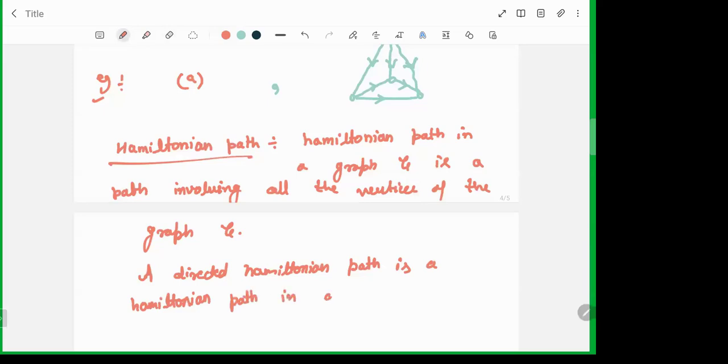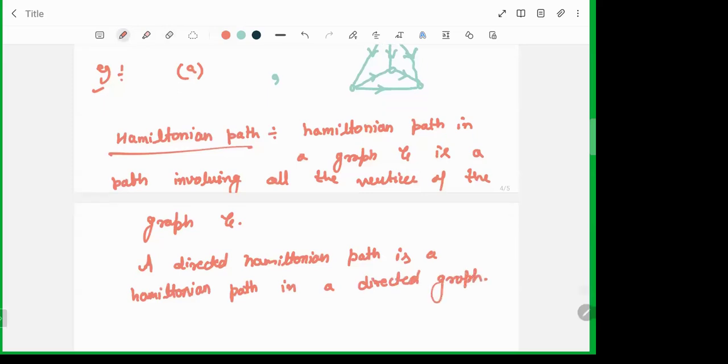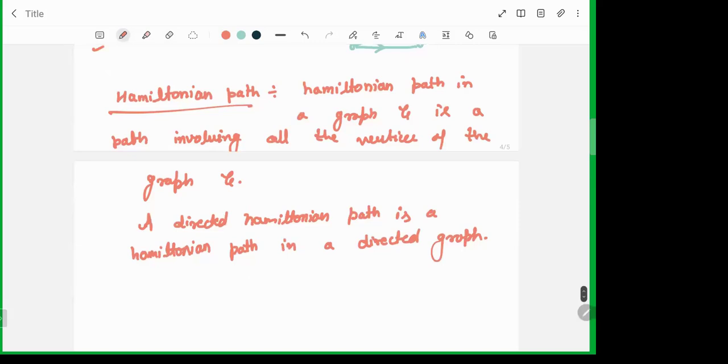So then we saw a theorem in this direction, like every tournament Tn has a directed Hamiltonian path. This is all we have done in lecture.